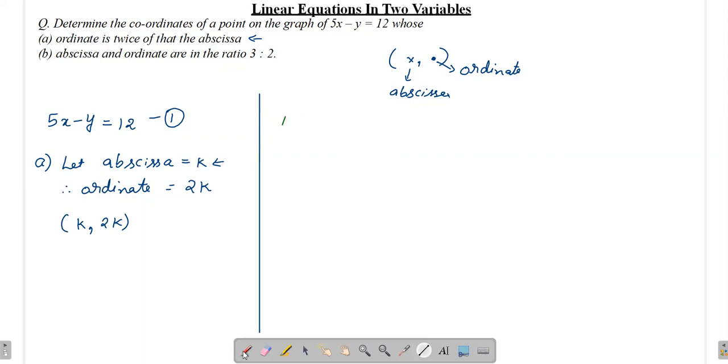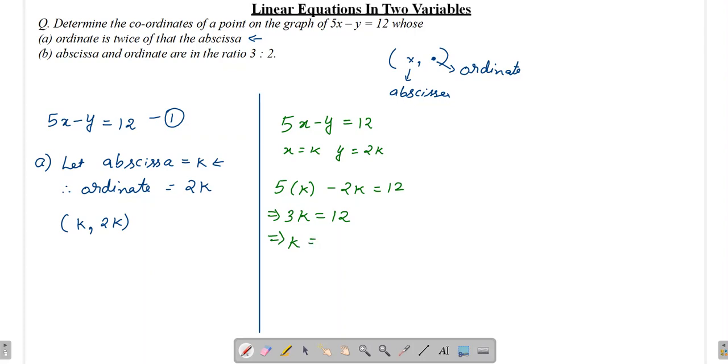So the equation is 5x minus y is equal to 12. We will put x as k and y as 2k in the equation. So we'll get 5 times k minus 2k is equal to 12. 5k minus 2k becomes 3k is equal to 12.